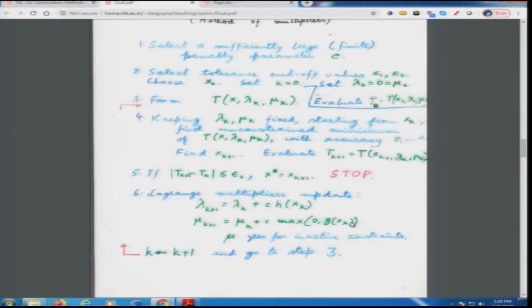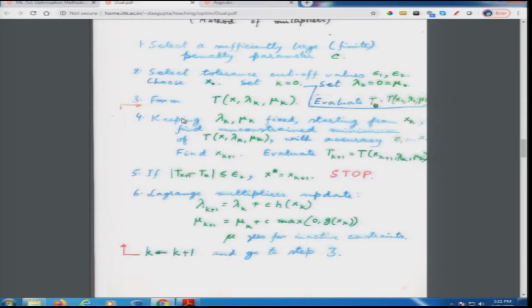And it may happen that some g is active or violated in some iterations, and later it is no more violated, it is no more active. Then the moment some particular constraint becomes inactive, the corresponding mu is to undergo not only an update, but it will be suddenly made 0, because that constraint is no more active. So, mu will be made 0 if the constraint is now found inactive, and that ends one iteration, with the update of the Lagrange multipliers, and you go back.